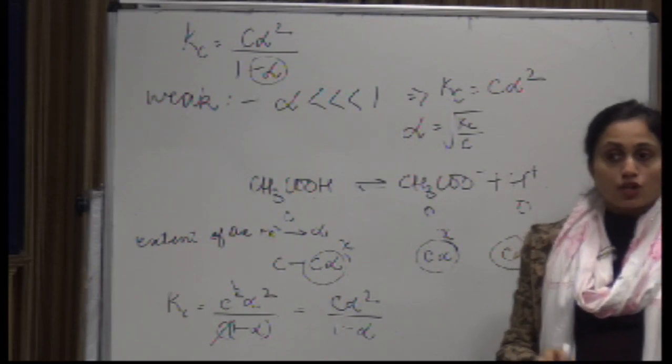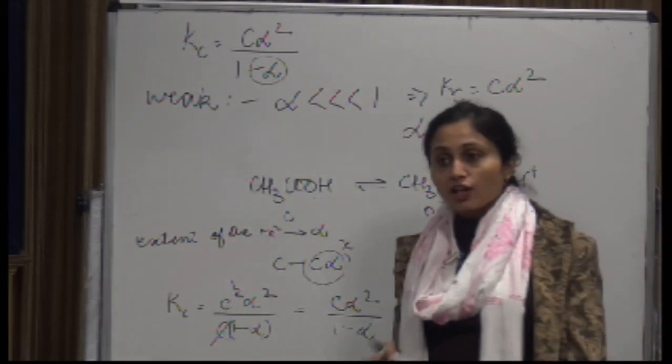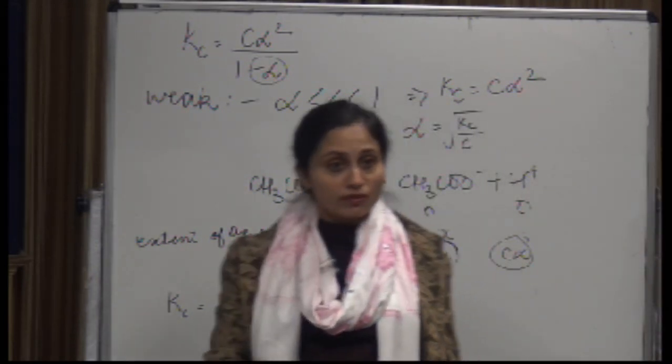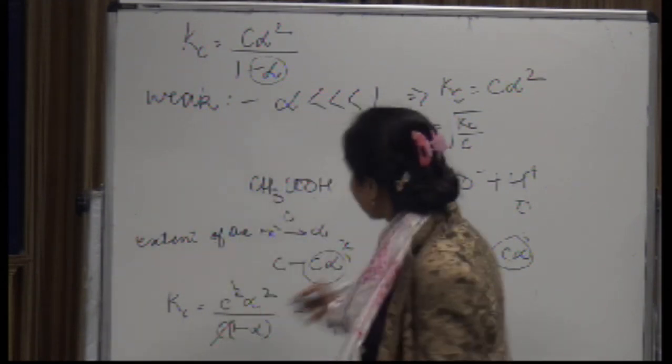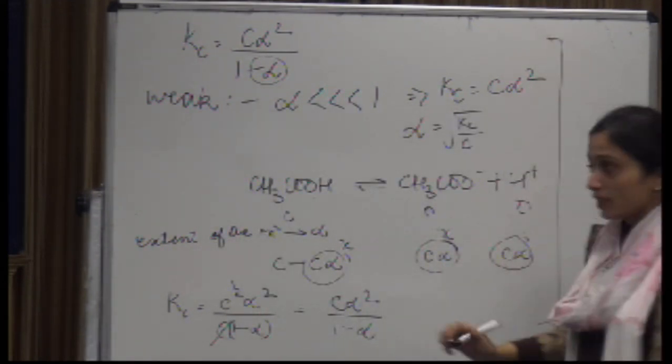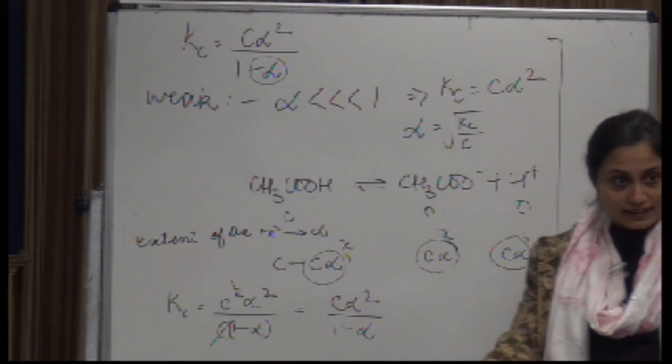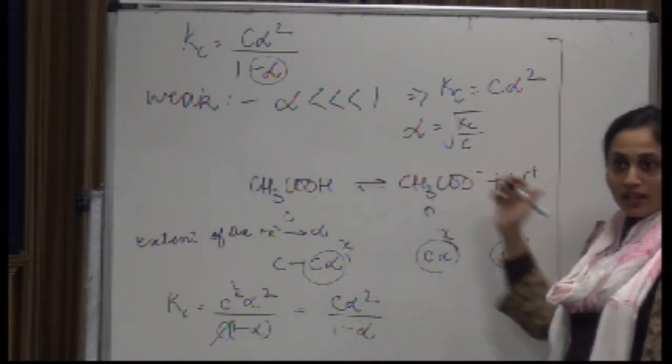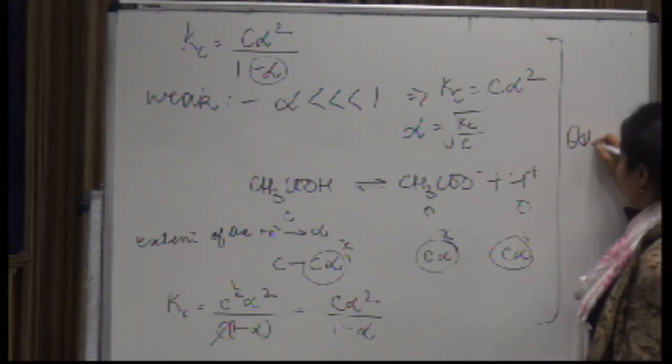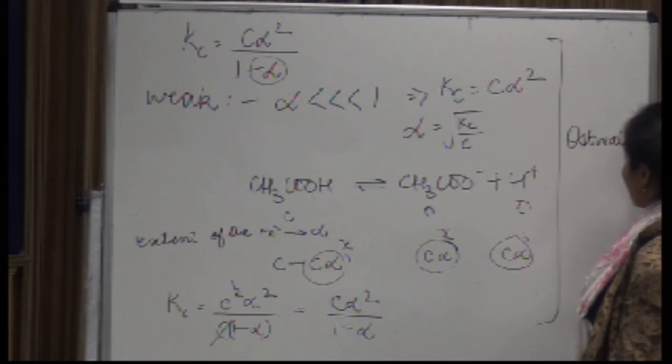So for weak electrolytes your extent of the reaction can always be found using this, and this entire thing we'll be doing again in ionic equilibria quickly next time, and this law is known as Ostwald's dilution law.